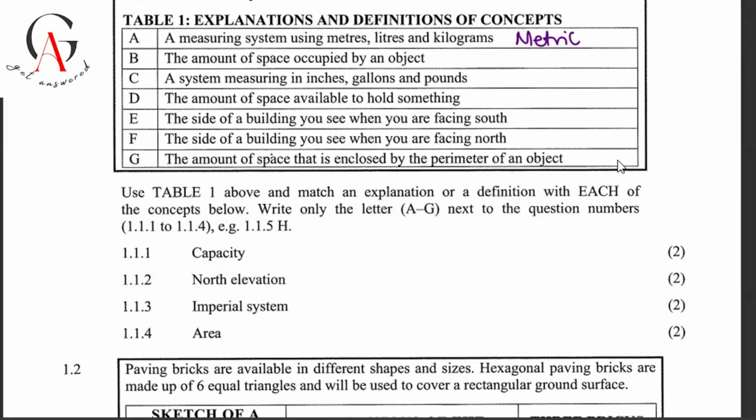Then they're telling us an amount of space occupied by the object. This is volume. As a measuring system in inches, gallons, and pounds, this becomes imperial. Then the amount of space available to hold. This is what we call capacity.